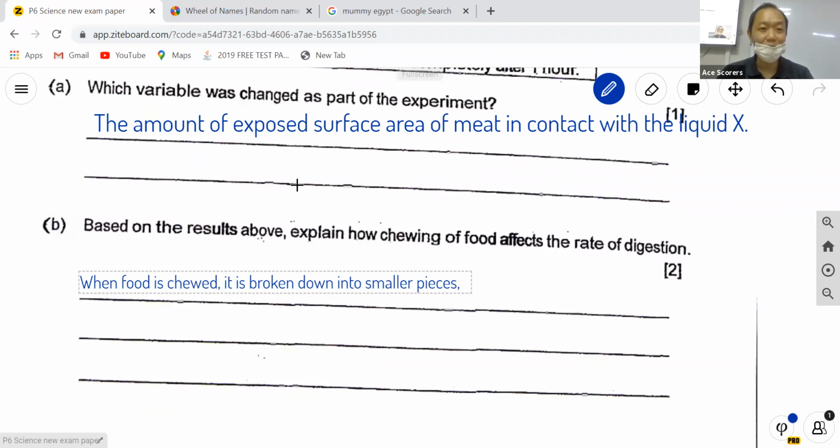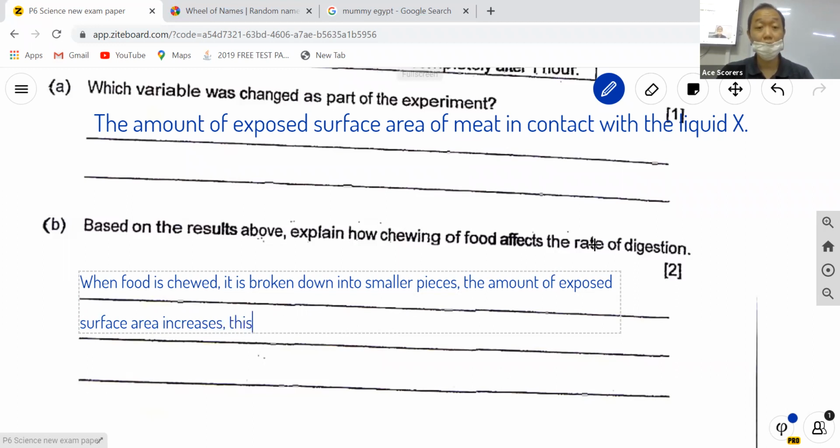The amount of exposed surface area increases. This will increase the rate.